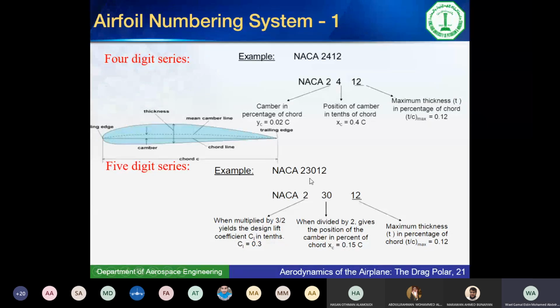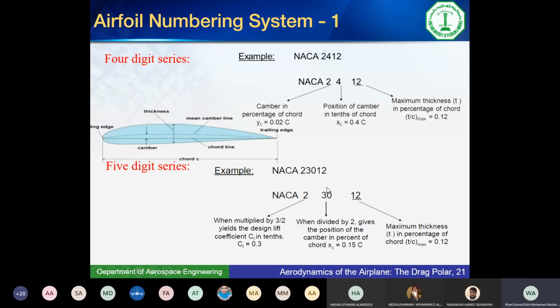The second and third digits, the 30 here, mean the position of the maximum camber, just like it was here, but with a twist. This 4 here meant that the maximum camber is at 40%. This 30 here means that the maximum camber is at 15%, half of that. Okay, so the 30 means it's 15%. This would allow fractions of the camber position to be included.